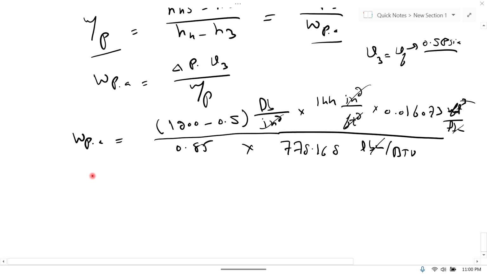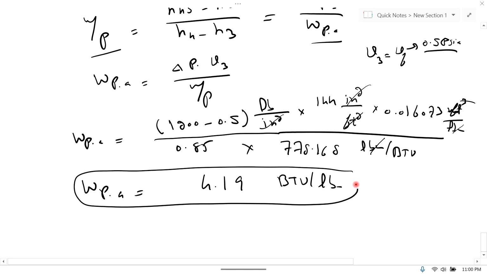So W pump, the actual work of the pump, will be equal to 4.19 BTU per pound mass. This 778.169 is the conversion to BTU unit.